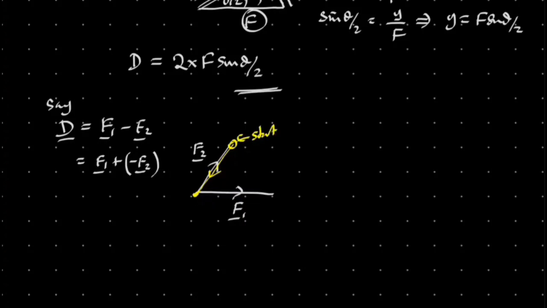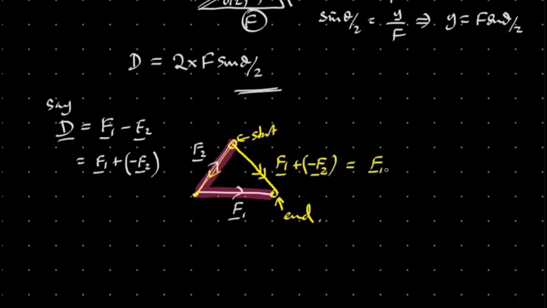I'll use the triangle law of vector addition. Starting from here, I come like this, then I move like that. This is my end point. So from start to the end, I have f1 plus minus f2, or f1 minus f2.